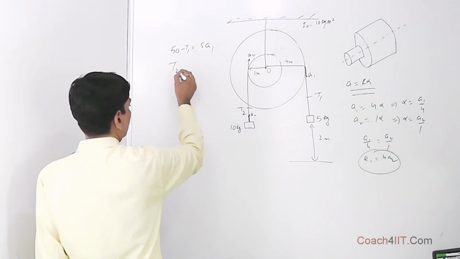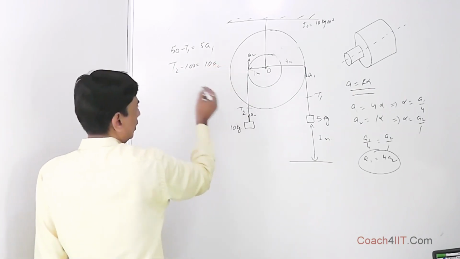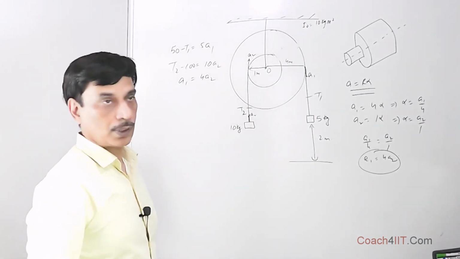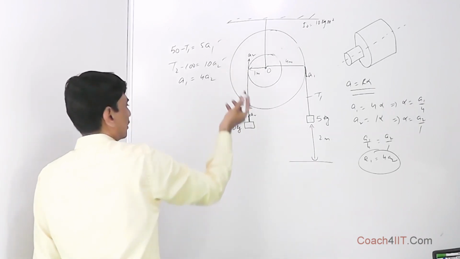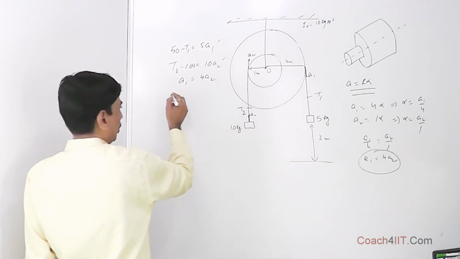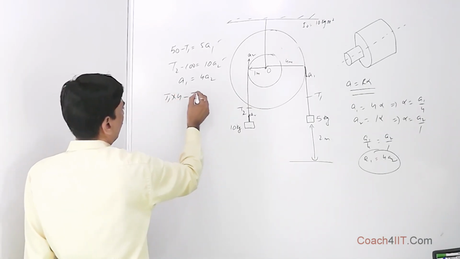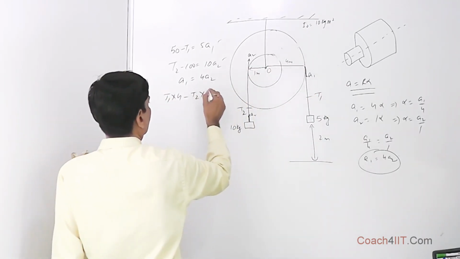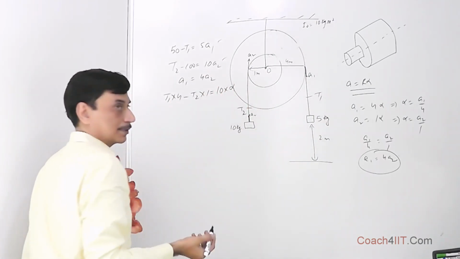For this block, it is T2 minus 100 is equal to 10 into A2. We also know that A1 is equal to 4A2, a relationship we have already established. And for this pulley, net torque is equal to I alpha, that is T1 into 4 minus T2 into 1 is equal to I, which is given as 10, into alpha.